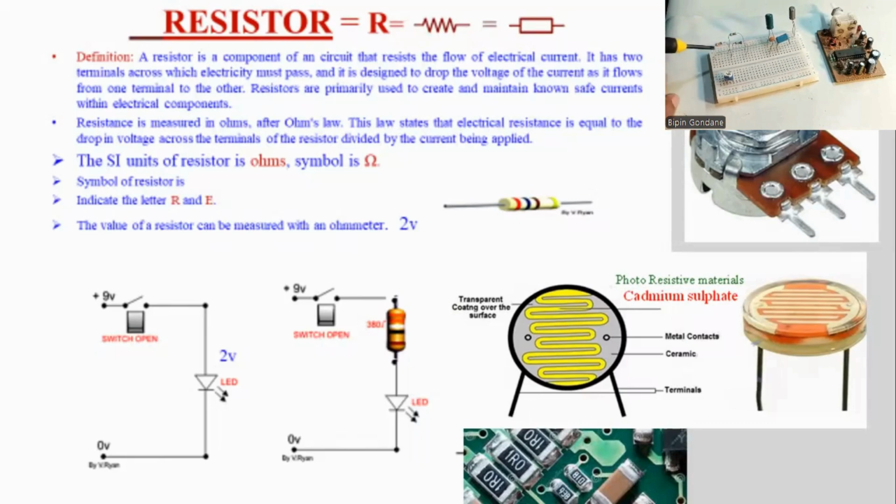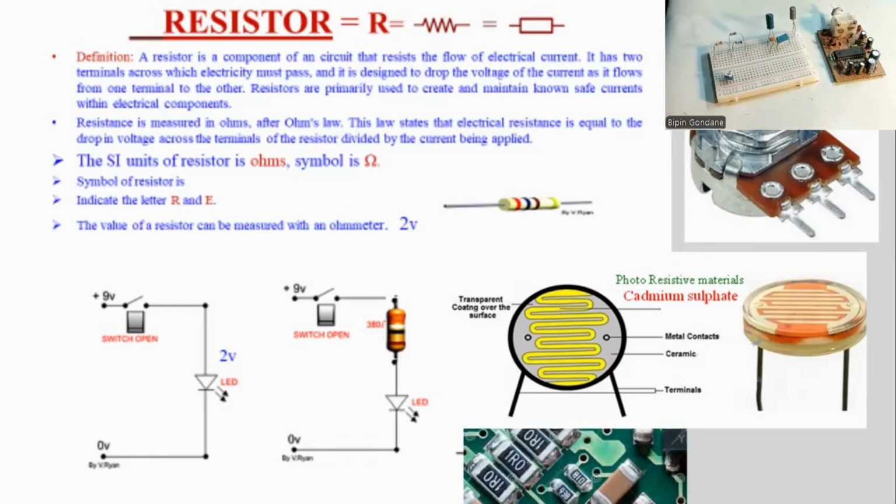These fixed-value resistors are connected in two fashions on the breadboard: these two resistors are in series, and these two are in parallel. On the right-hand side, at the bottom, is a variable resistor. As I told you, there are two types: these are the fixed value, and these are the variable resistors. So this is about the resistor.